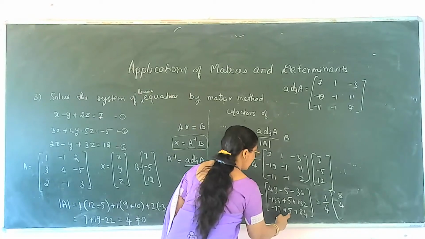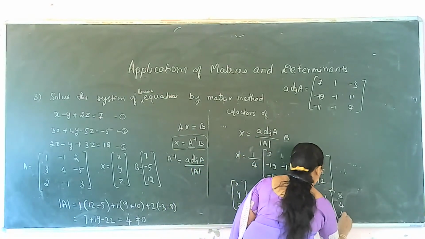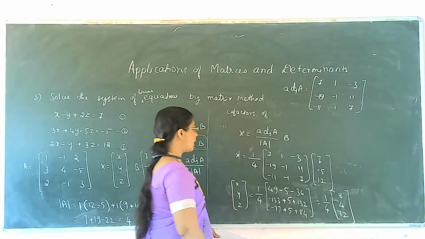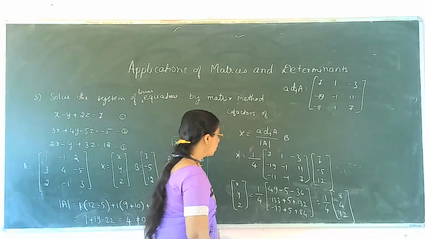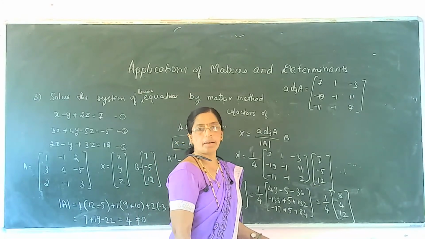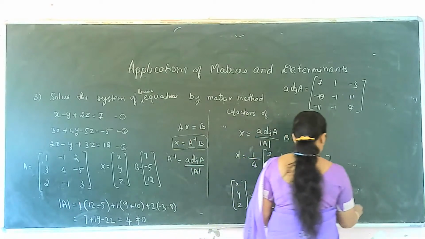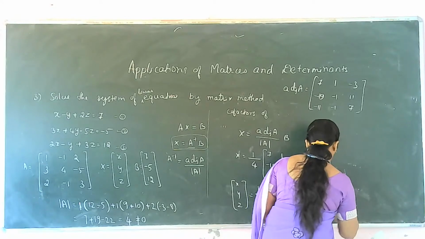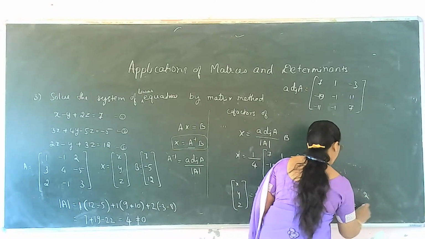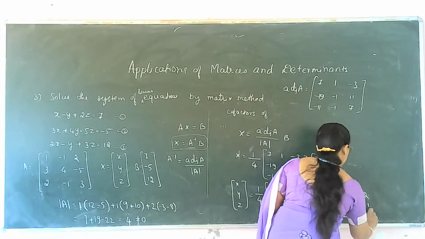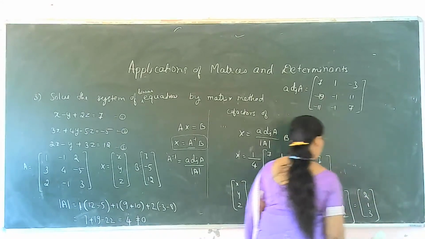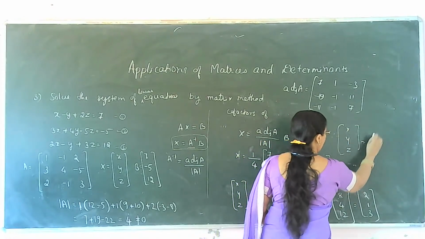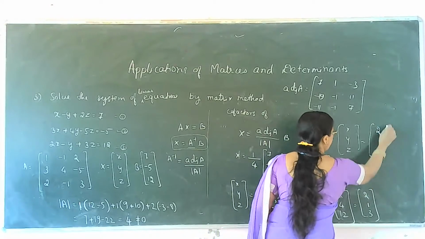Then minus 77 plus 5 plus 84, we get again 12. 84 plus 5 is 89, minus 77 is equal to 12. We get it divided by 4. 8 by 4, 2. 4 by 4, 1. 12 by 4 is 3. Therefore, x, y, z is equal to 2, 1, 3.